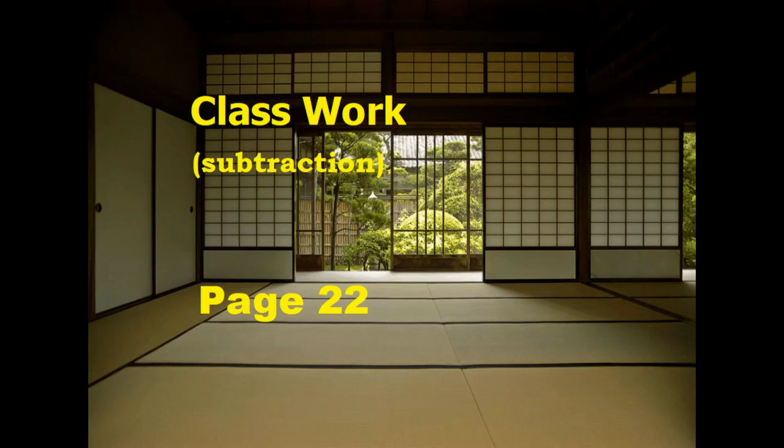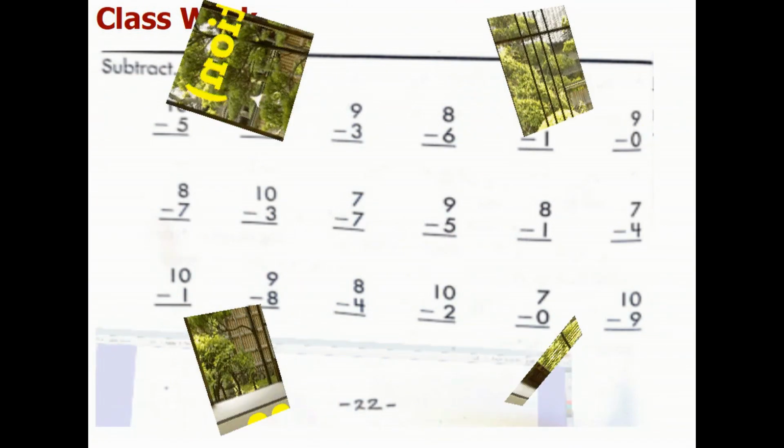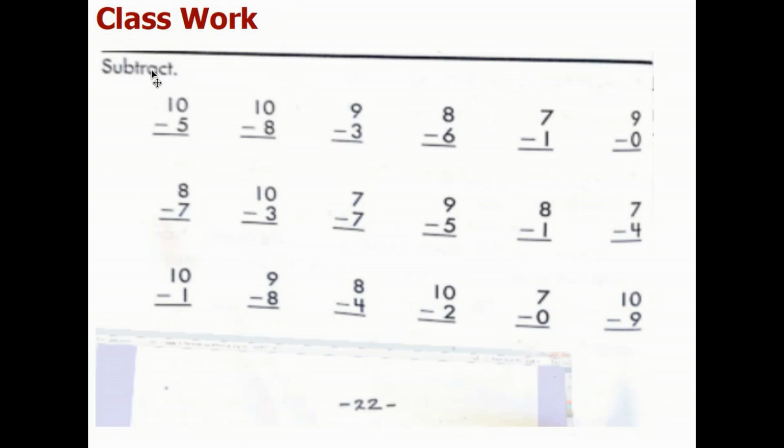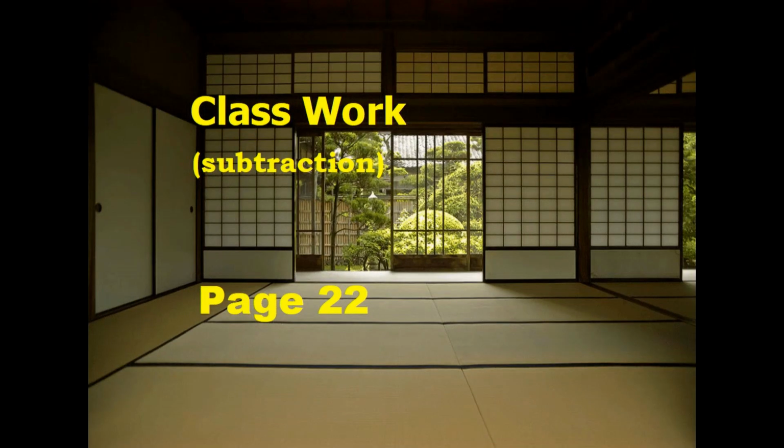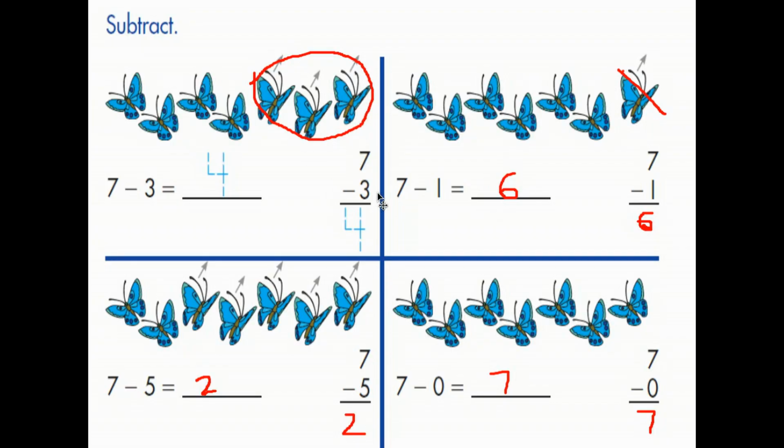There is a subtraction exercise on page 22, only the subtraction part. Try to do the classwork based on the examples in the video that I showed you earlier. As you can see here, by cancelling or by counting back you can do subtraction.